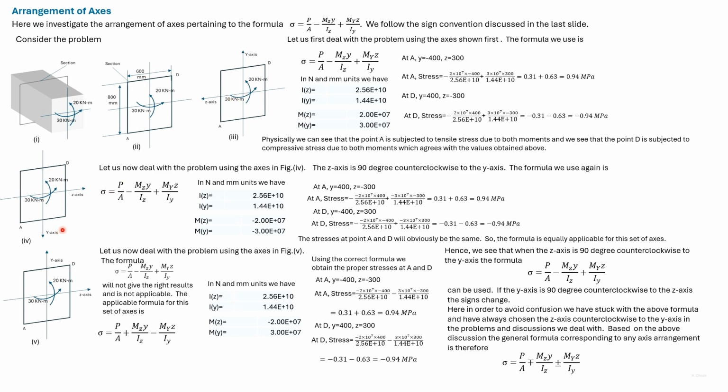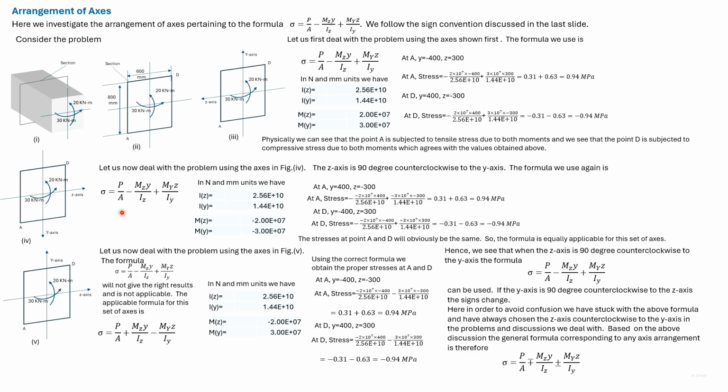In this figure, we have kept the z-axis 90 degrees counterclockwise to the y-axis, but both axes have been rotated by 180 degrees. Now the moments about the y and z axes are both negative.